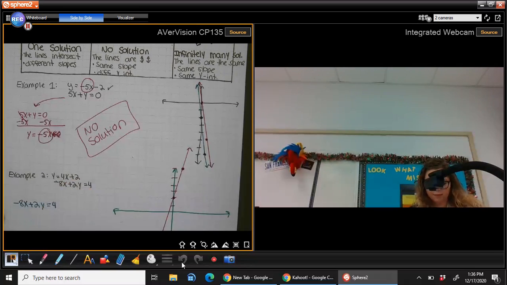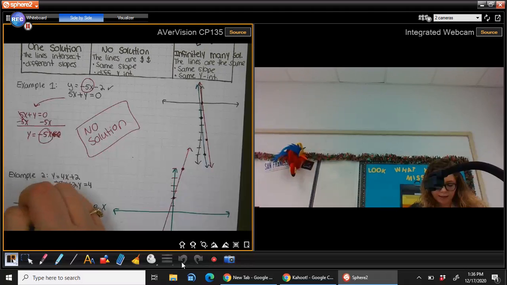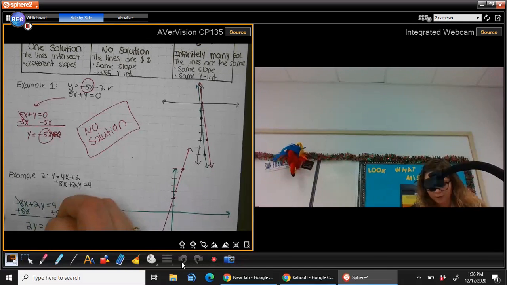Step 1, move x over. This is a negative 8x, so I want to do positive 8x on both sides. Don't forget your x. A lot of you love to forget it, and it's buddies with that 8, so you don't want to separate the buddies. Bring your x term outside.